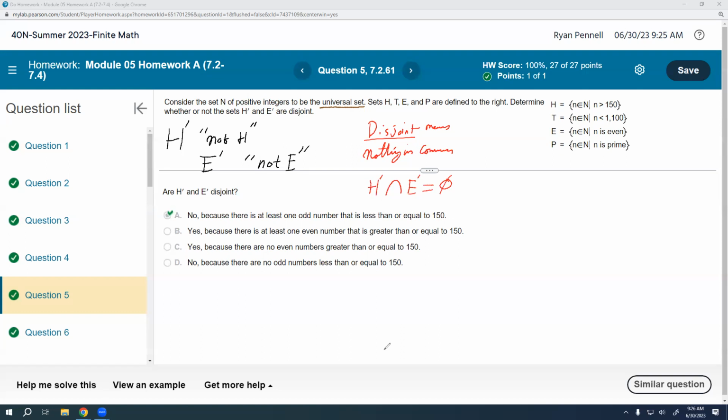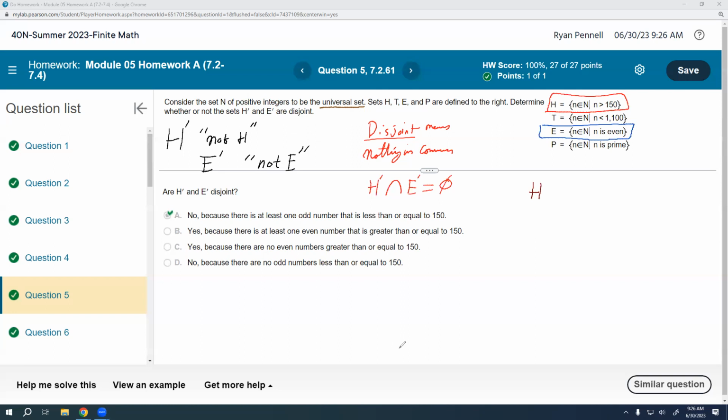So what is H? Okay, H is n in N such that n is greater than 150. And E is n in N such that n is even. Okay, but we need to talk about what is H complement.